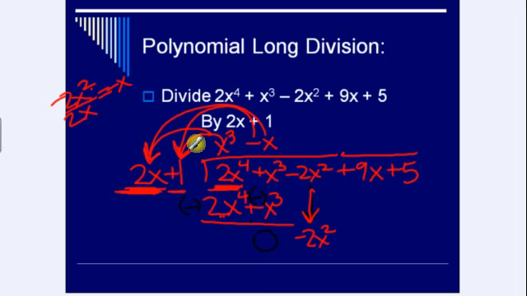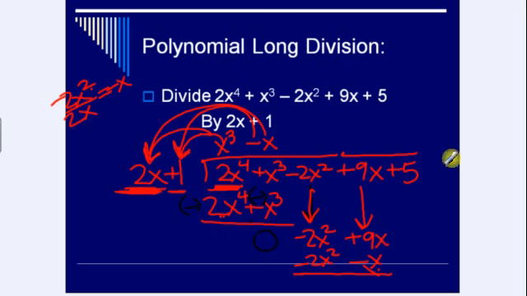So 2x times negative x is negative 2x squared. And negative x times 1 is minus x. And now I'm ready to subtract. Now, notice I actually want to bring down my next term here as well, because I need to combine like terms. And so that 9x, I need to subtract the negative x from here.